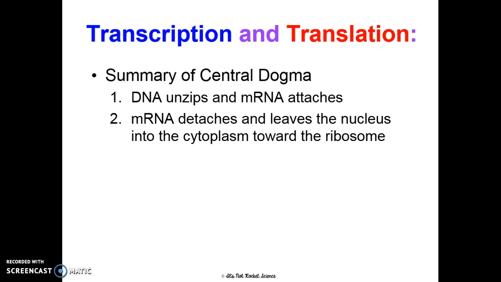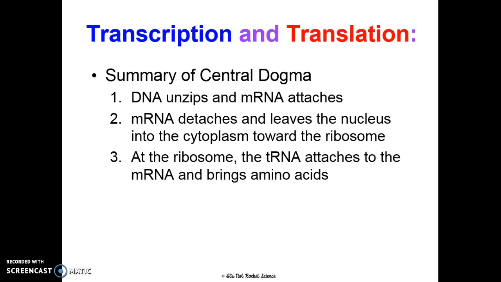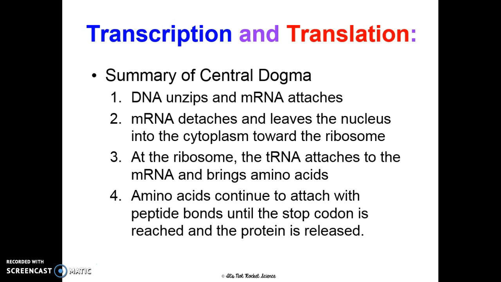Once the mRNA strand is complete, it detaches, leaves the nucleus, and travels into the cytoplasm toward the ribosome. Now is where translation comes in. At the ribosome, the tRNA attaches to the mRNA and brings amino acids. This continues, and the amino acids are bonded with peptide bonds until the stop codon is reached and the protein is released.